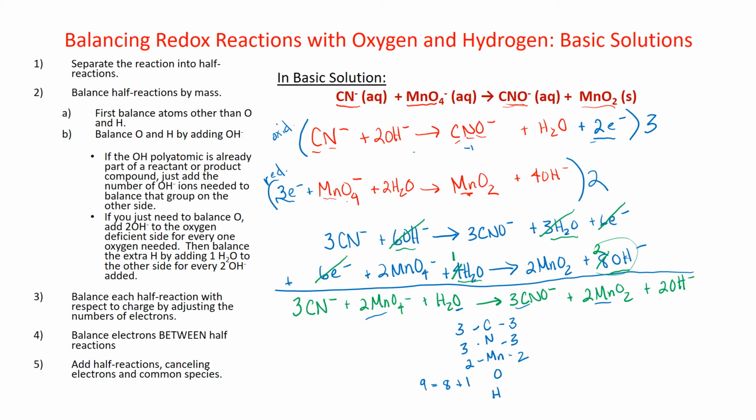On the right-hand side, I've got 1 in the cyanate anion, but I have 3 of those cyanate anions, so that's actually 3 oxygens. Plus I've got 2 times 2, that's 4 in the manganese dioxide, and 2 times 1, that's 2 in the hydroxide. 3 plus 4 plus 2 equals 9.